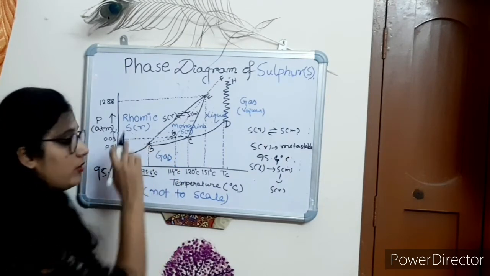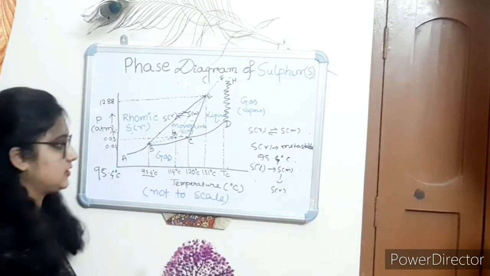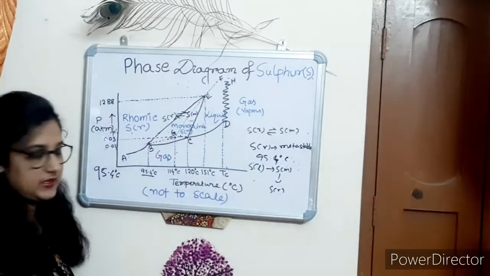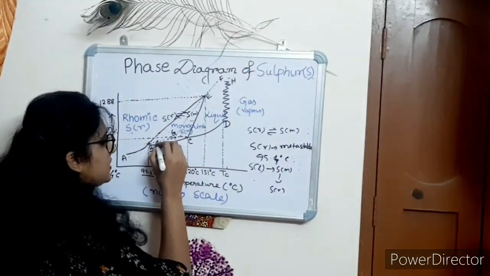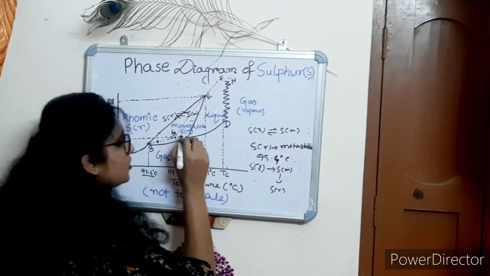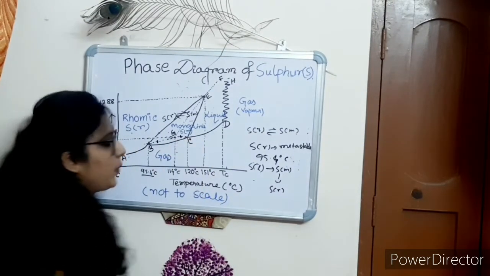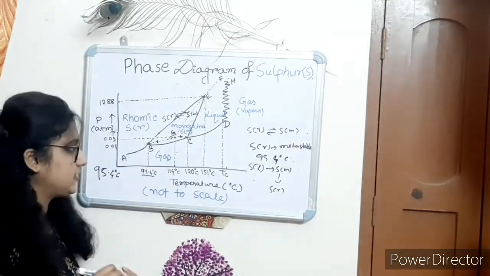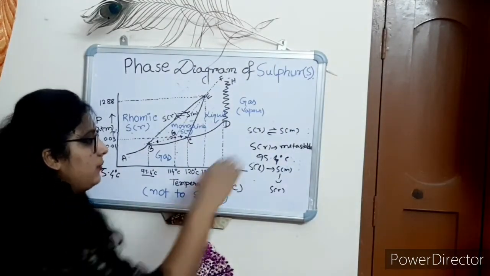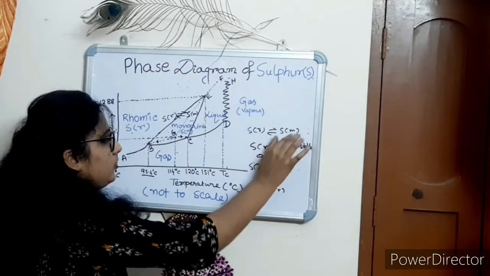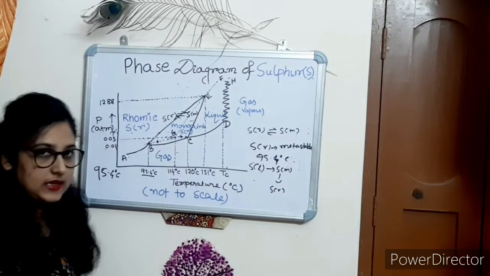And CG is also a coexistence curve of two phases: metastable sulfur in the monoclinic state and sulfur in the gaseous state.